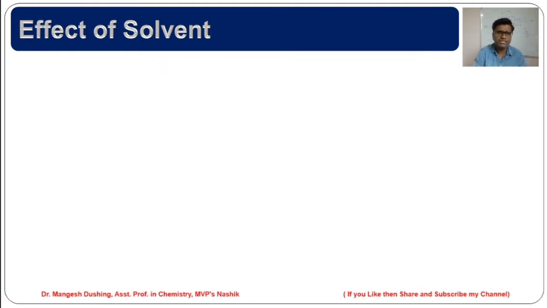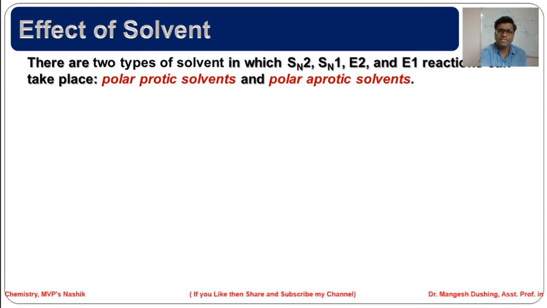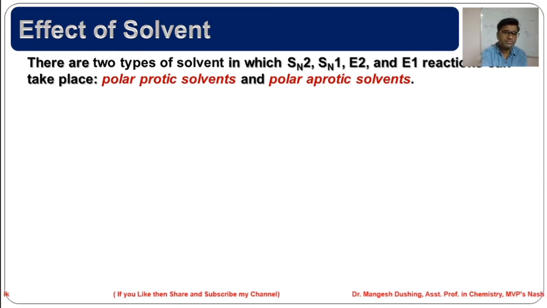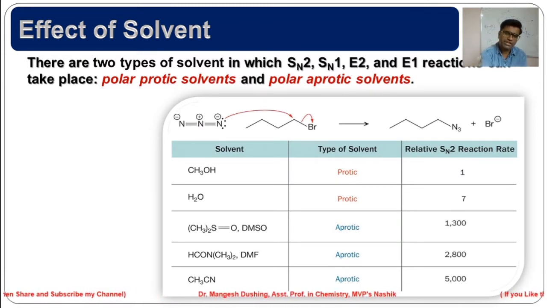Friends, how these solvents affect the mechanism and the rate of reactions, we'll see. As we know, SN2, SN1, E2, E1 reactions can take place in polar aprotic solvents and polar protic solvents. Suppose this is one of the reactions, an SN2 reaction.